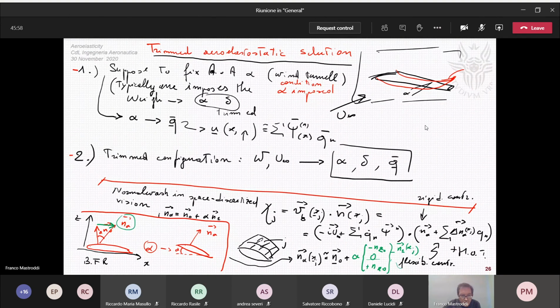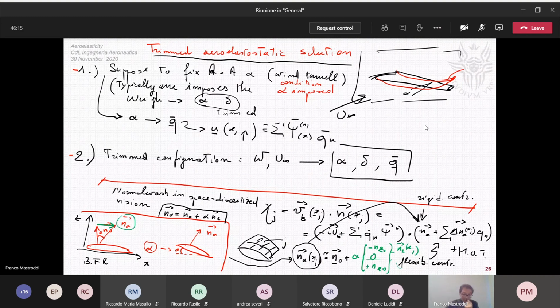Okay, so we have defined this rotated normal. The point is that we have expressed this normal as a linear function of the angle of attack. And so we can put this expression inside our boundary condition now.